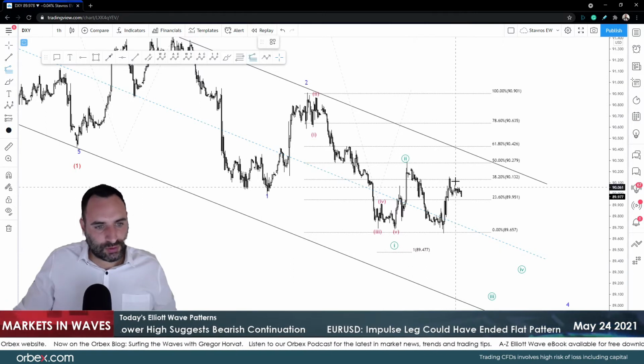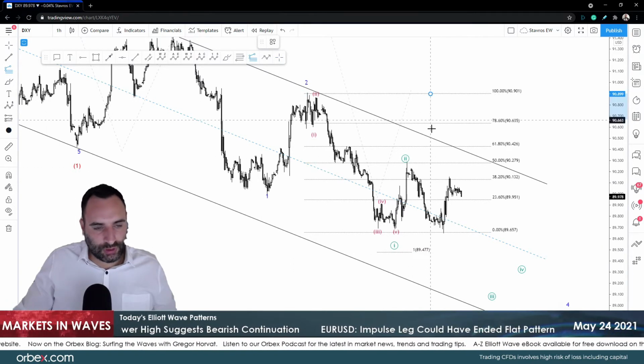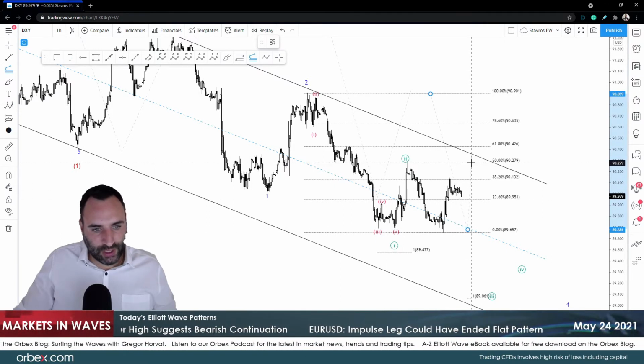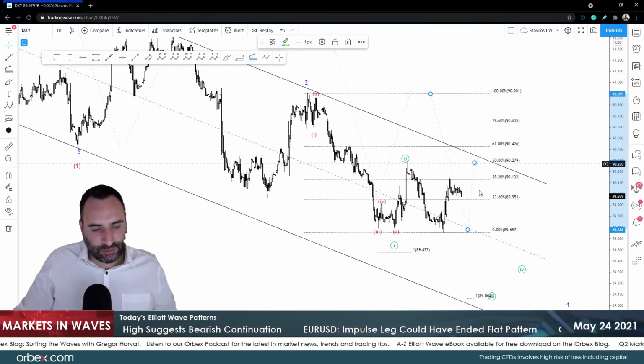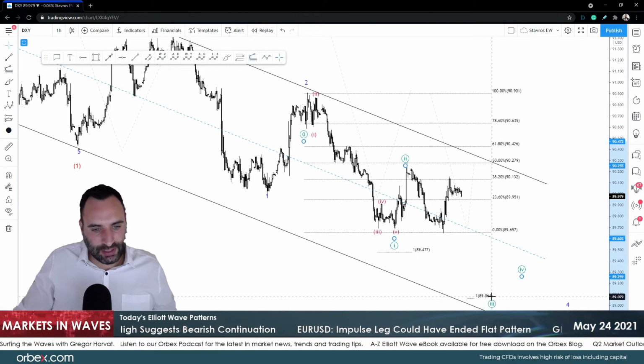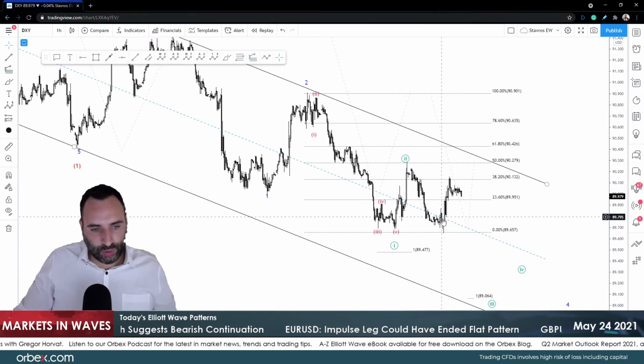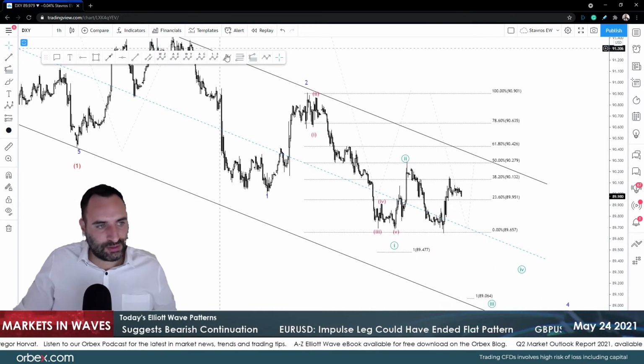And then, of course, what else we can do, we can go to our newly completed wave over here and look at the 100. It comes at around the 89. The 100 Fibonacci extension could be where this wave 3 is going to end.